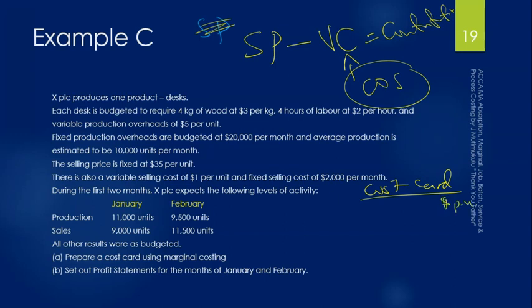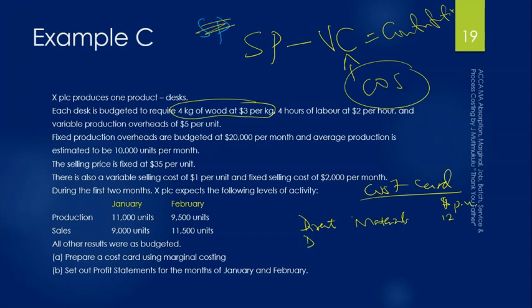So we start with the direct materials. From the question, we are told 4 kg at $3 per kg, that's $12. Remember, these materials are usually called direct materials. They are variable costs.